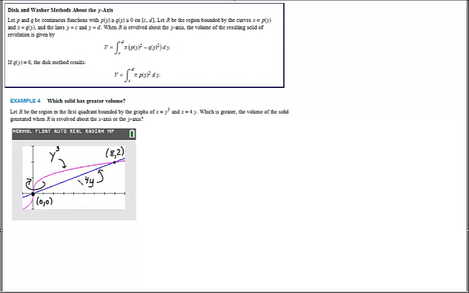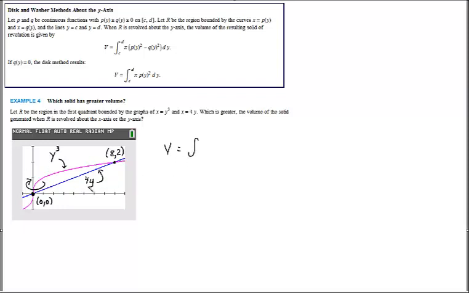And in this case I'm going to be looking at this outside function minus this inside function in my creation of the bounds. I went ahead and got the intersection points, and my volume is going to be equal to, now I will be using, because there's an empty spot here, the washer method, because there will be an empty spot in there that needs to be subtracted out.